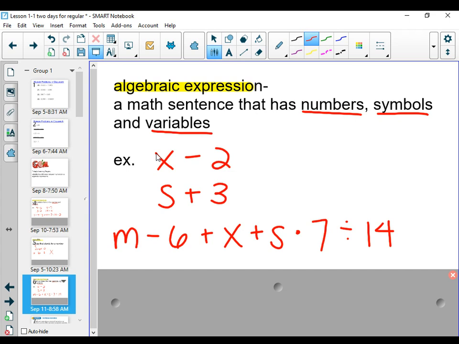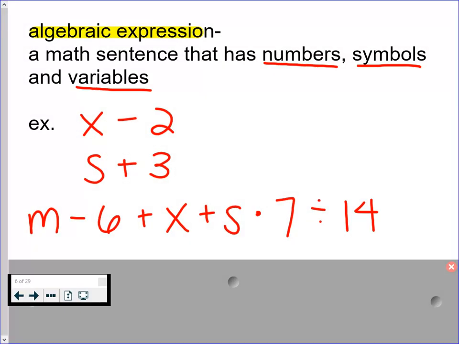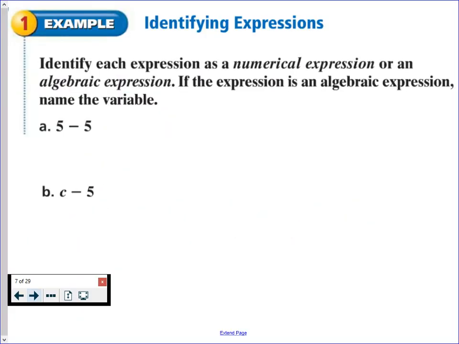So there are infinite possibilities for that algebraic expression. The goal was to be able to identify the difference.